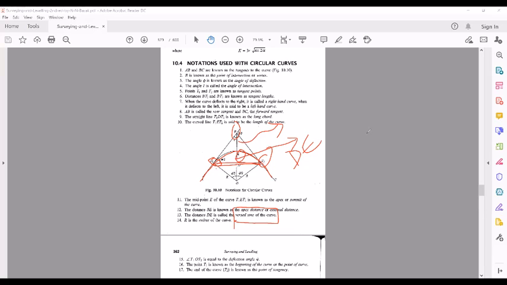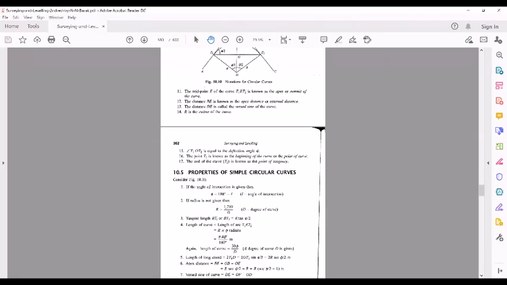The angle T1 O T2 is equal to the value of the deflection angle, phi, which is the angle at the center of the circle. If you draw the two lines joining the 2 points, the radius, that value of the angle is called the deflection angle. The point T1 is known as the beginning point of the curve, and T2 is known as the point of tangency or the end point of the curve. So just a few definitions that you need to keep in mind before we move on to design.